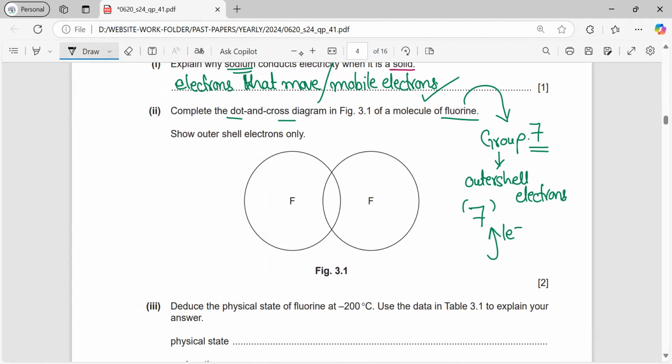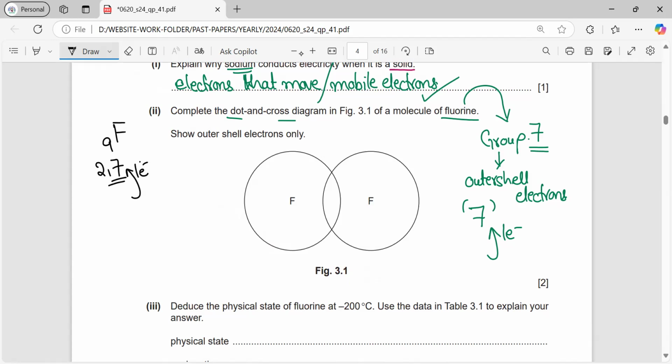Also, if we write the electronic configuration of fluorine, atomic number is 9. If we write its configuration, it will be 2 and 7. In the second shell, it has 7 electrons, so it means it needs 1 more electron to get completed.